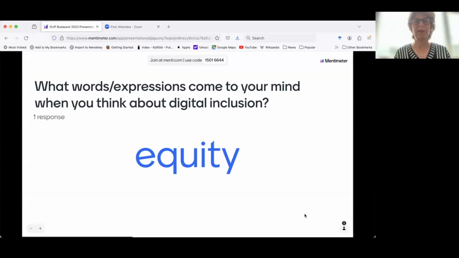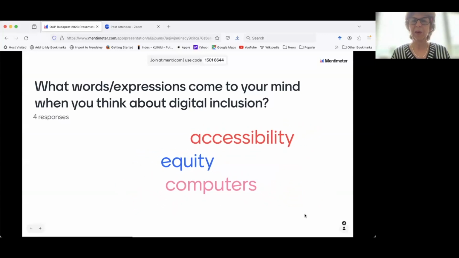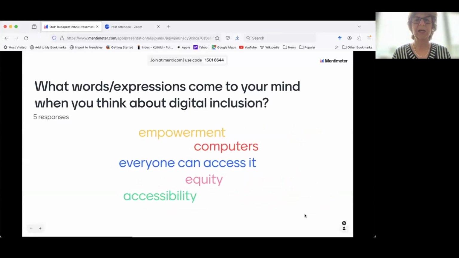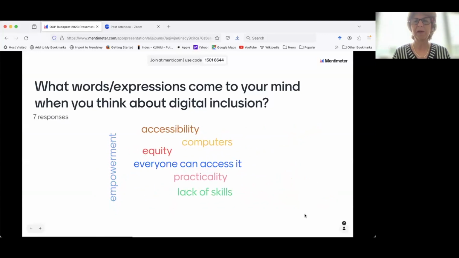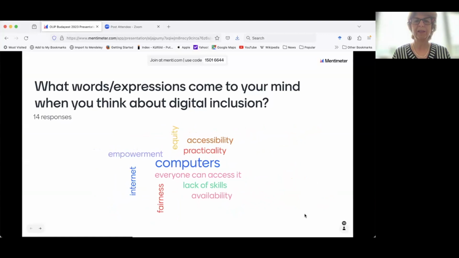So I can see some responses already. Wonderful. Right, so it looks like some of the key terms are accessibility, equity, empowerment, and you already mentioned some of the barriers like lack of skills, fairness.